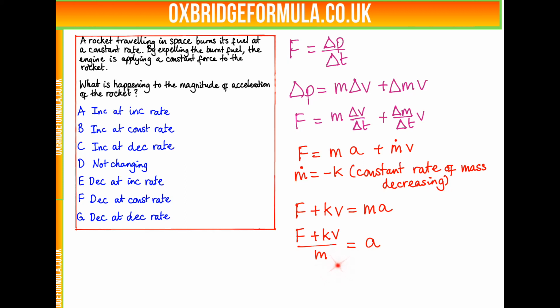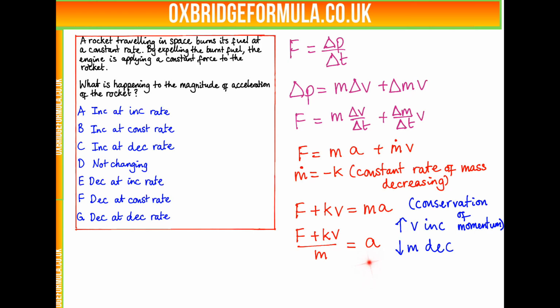So the part on the bottom will keep decreasing. Due to conservation of momentum, the velocity is increasing and the mass of the rocket itself is decreasing, the rocket in total with the fuel. So we know that the acceleration will be increasing, but is it at an increasing rate, constant rate, or decreasing rate?